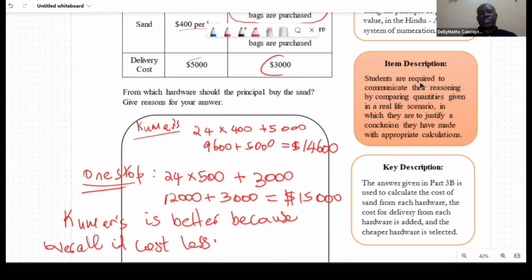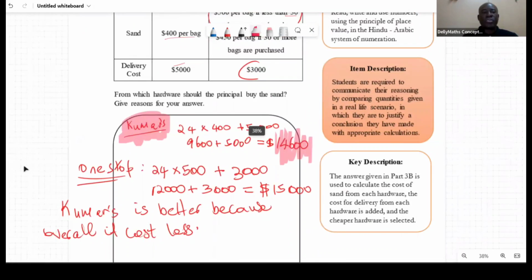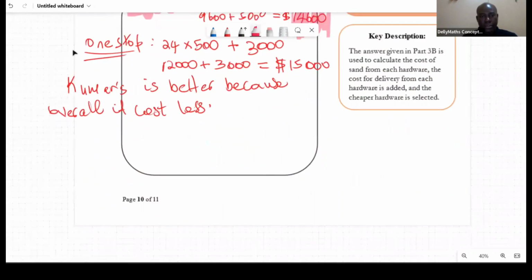So Kumar is better because overall it costs less. Because we're thinking here about 14,600 compared to 15,000. So I would want to purchase with Kumar's hardware for my principal, right? So Kumar, it would have been the choice there out of the two. So if you had chosen that, that's where you would have gone, right?